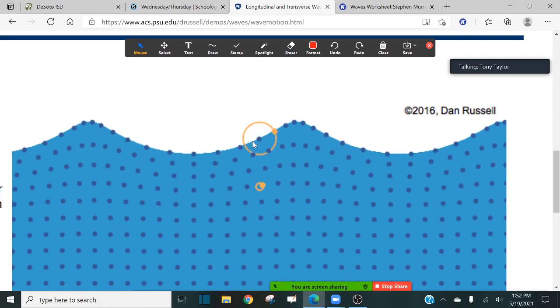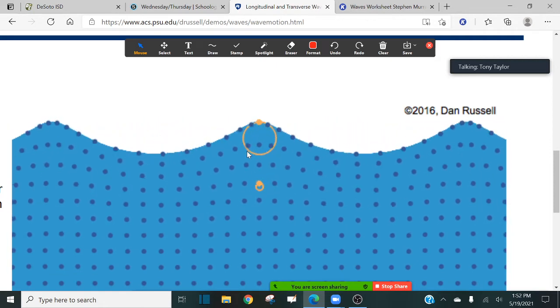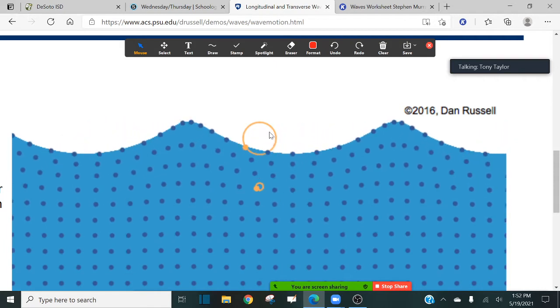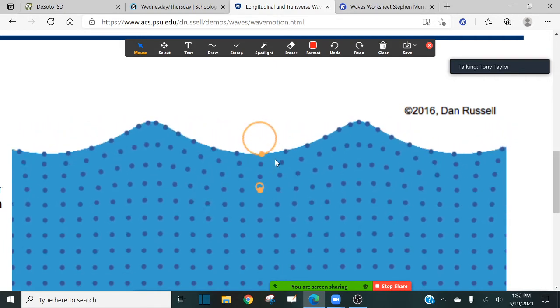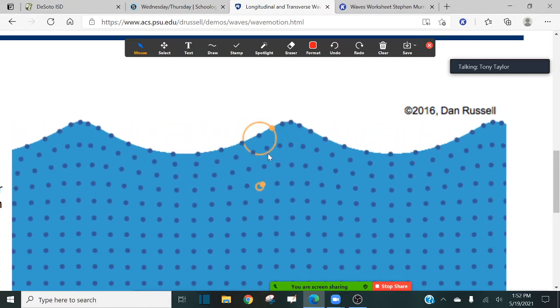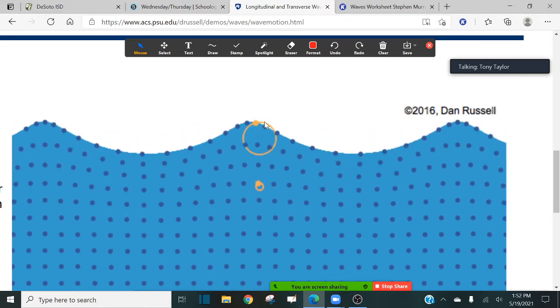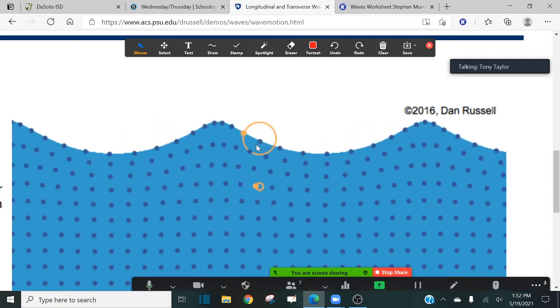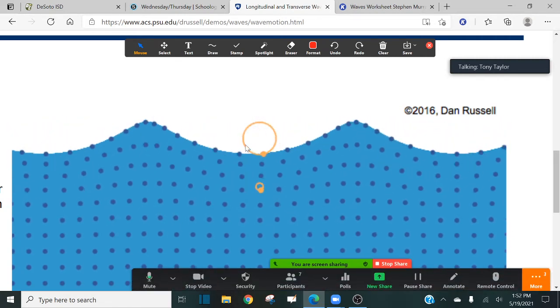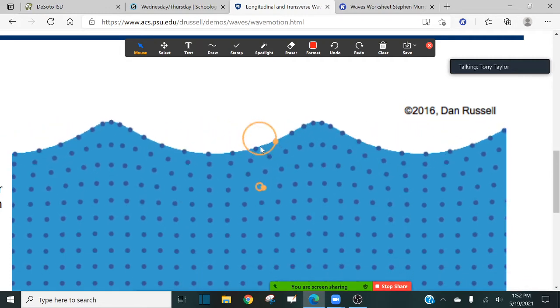Notice how it moves up here and it moves down here. So not only is it moving up and down, it's also moving side to side, right? Because we see it moving to the right here, and we see it moving to the left here. So this is moving up and down at the same time that it's moving side to side. So clearly, this is an example of a combination wave.